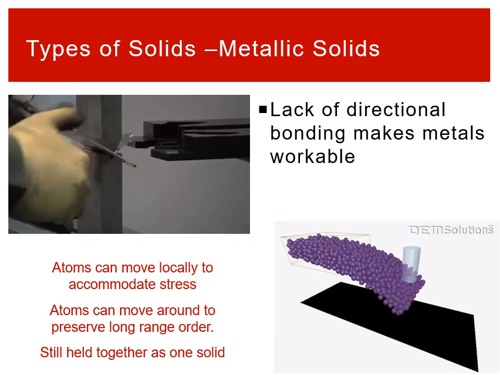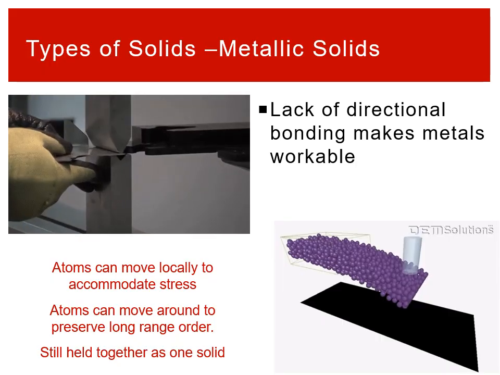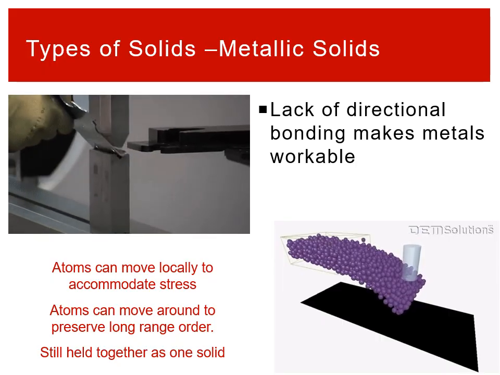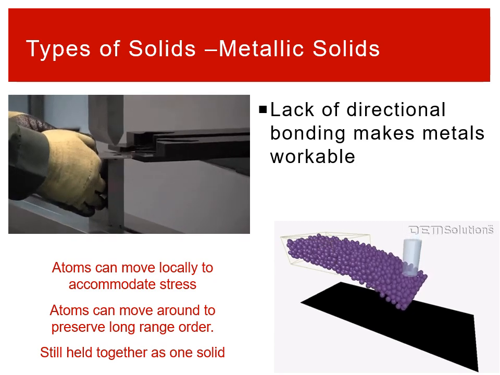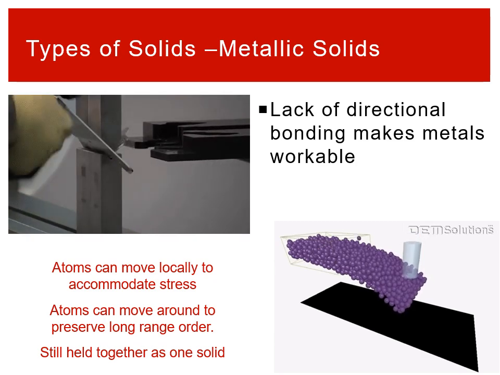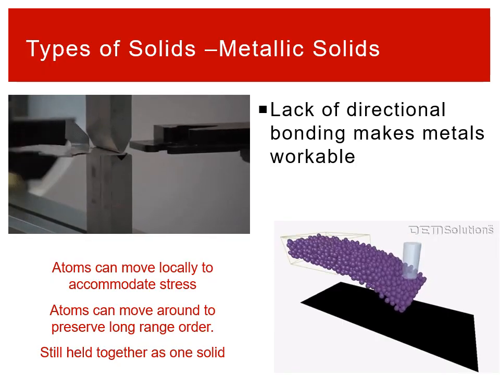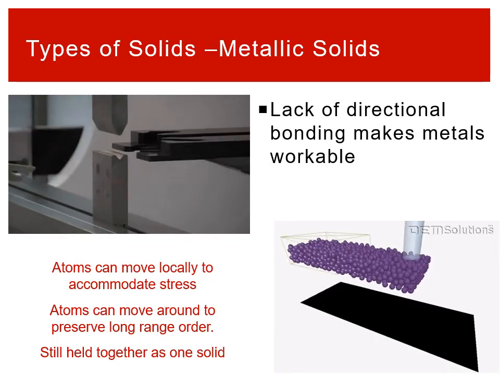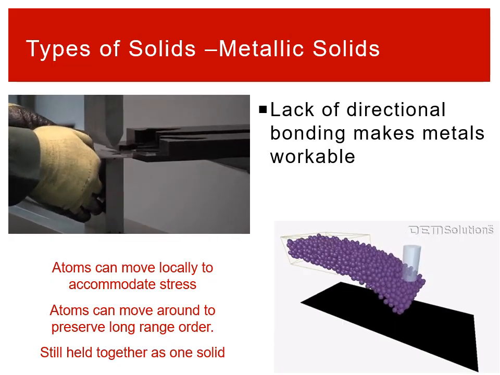So as the material starts to move and deform, atoms can shift around. Some connections between atoms, or some atoms touching each other, fall apart, so they can slide around and move to accommodate the stress, accommodate the deformation. That's really important in metals, and it allows for this workability. That is a unique property of metals that's really, really powerful.